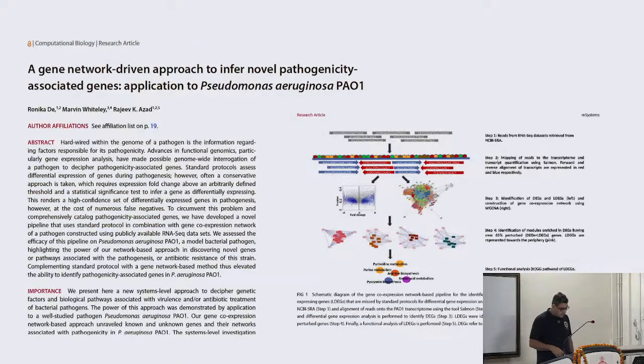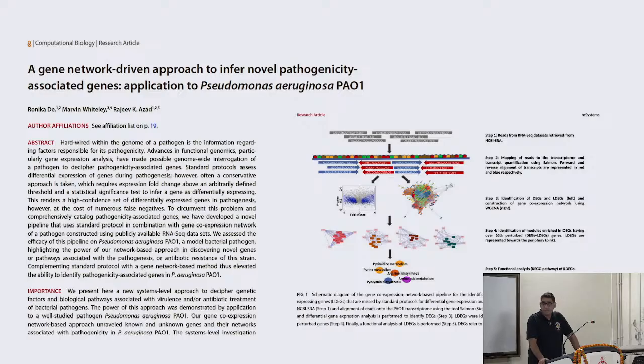This is a paper of our Professor Azad. They have constructed a gene network driven approach to infer novel pathogenicity associated genes, application to Pseudomonas aeruginosa PAO1. You can see this paper, and they have created a complete gene network pipeline of this PAO1, a pathogen which has given a lot of clues, especially in functional genomics, and also helps understand how this system-driven approach can be helpful.